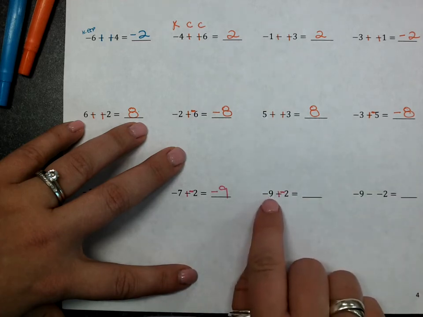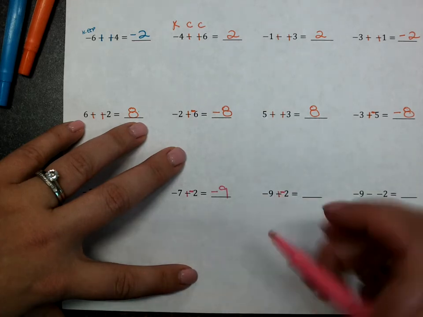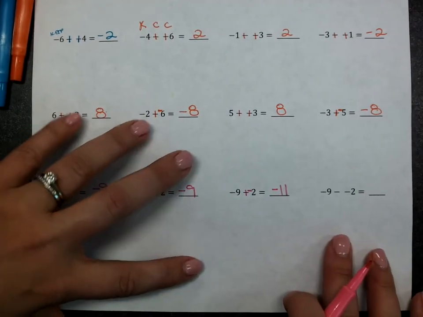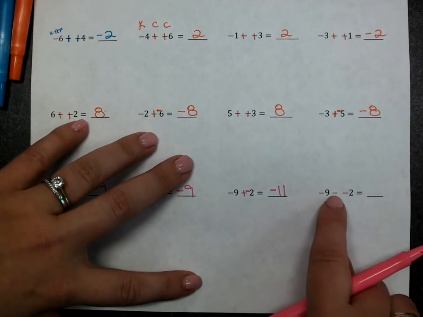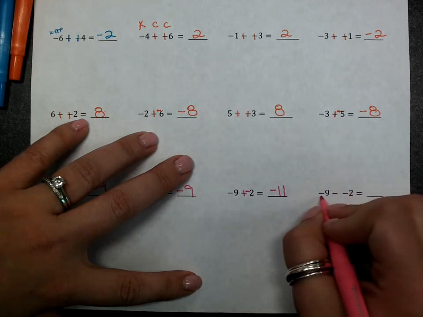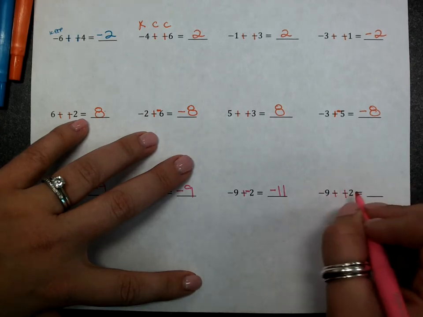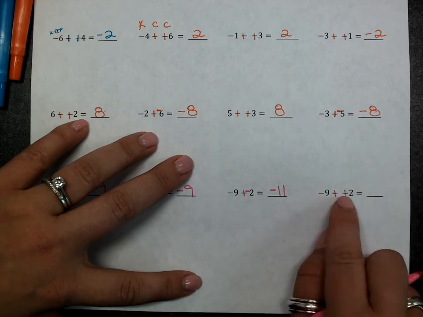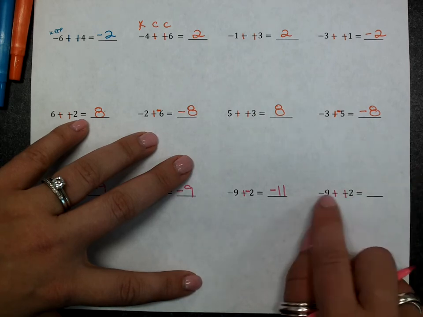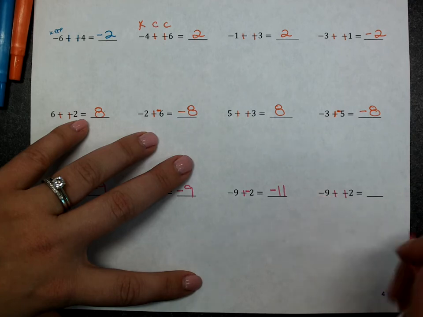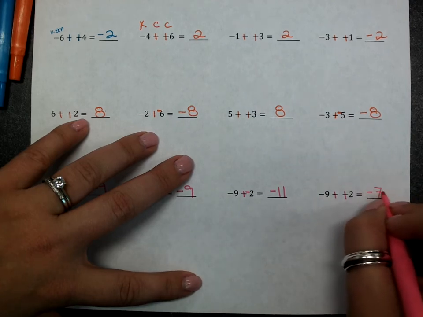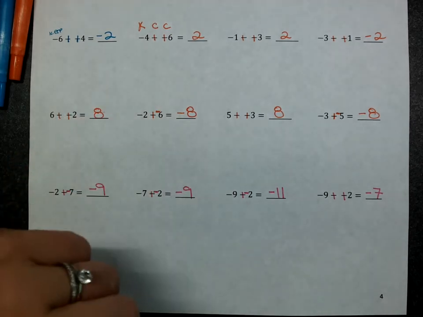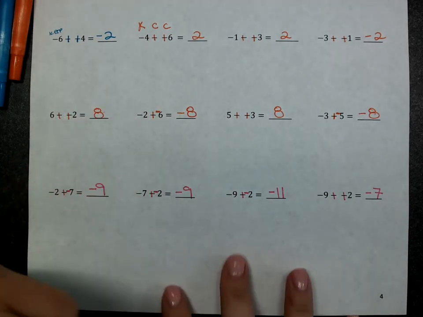This becomes -9 plus -2, which is -11. And finally, keep, change, change. So we keep that one, change that, so 2 pencil strokes. This becomes -9 plus +2. So I owe someone $9 and I gain $2. I'm at -$7.